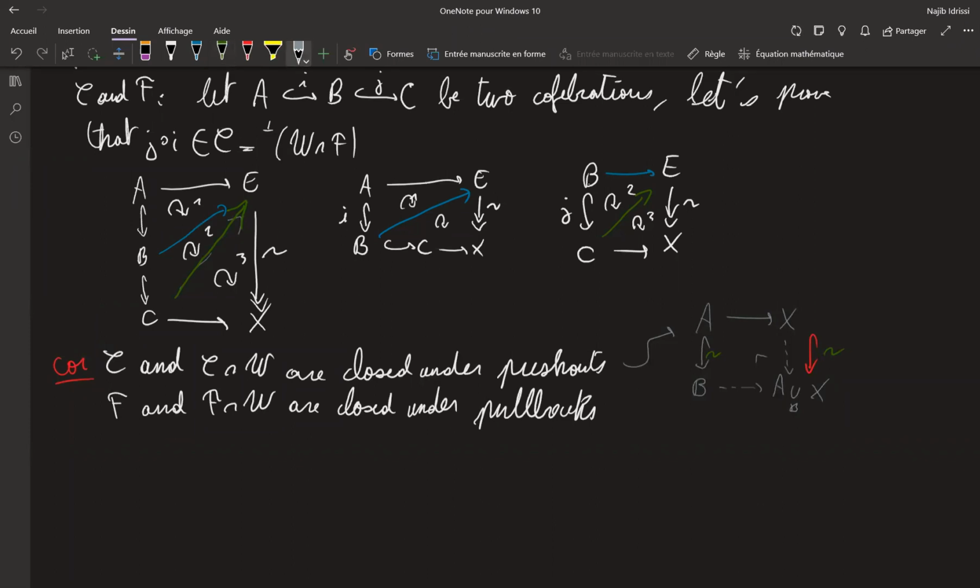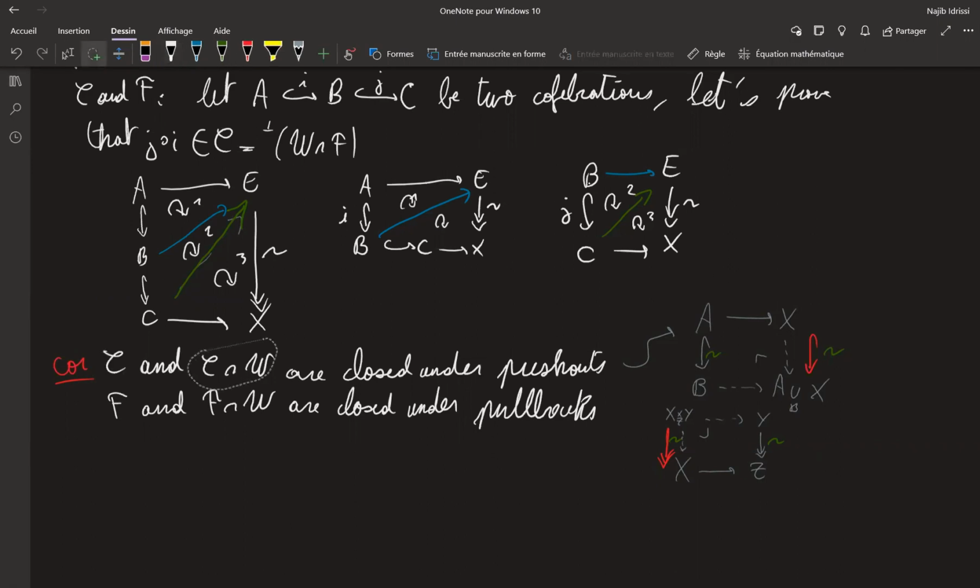And similarly, if you have a pullback like this, then the corollary says that this map is a fibration, and if this one is acyclic, then this one is acyclic.